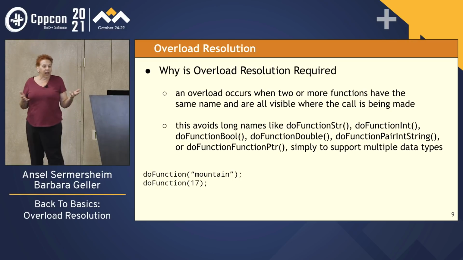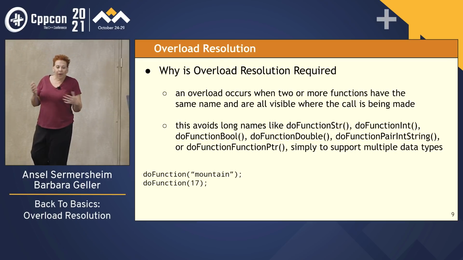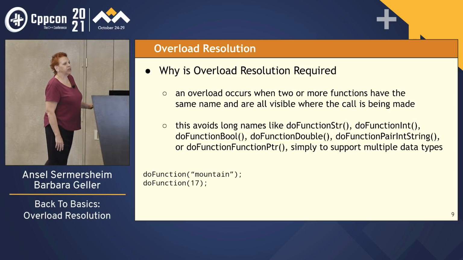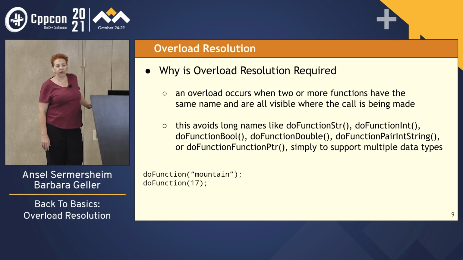Then I need another name for do function pair string int. Do function function pointer would be really awkward. So we have this great thing of overload resolution, so we don't have to do this. We can just use the name do function, and we can let the compiler decide which is the right overload to call.